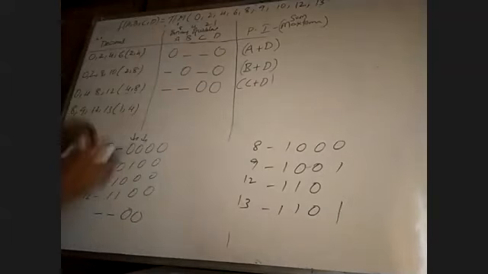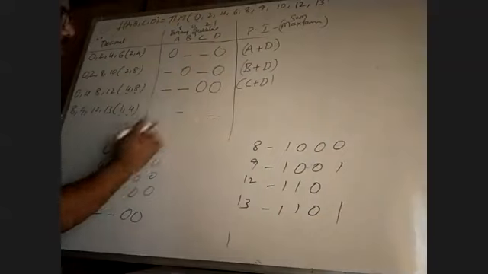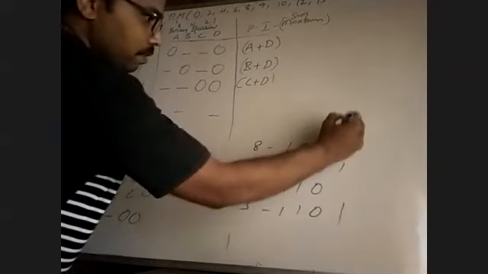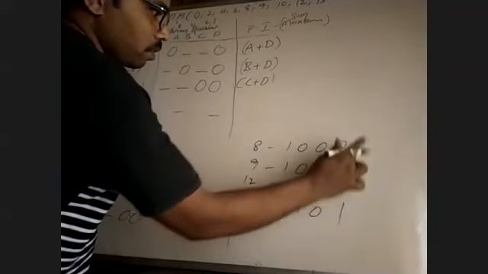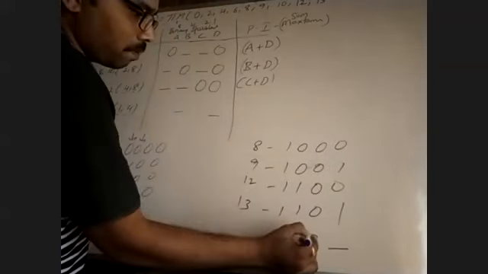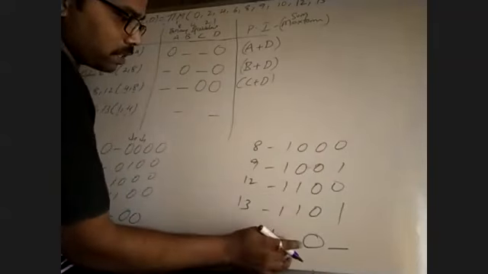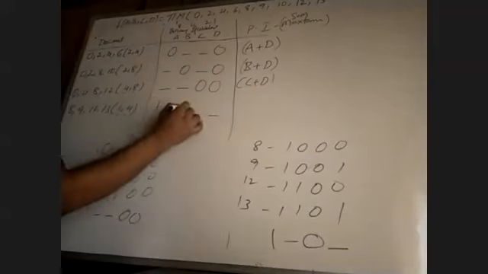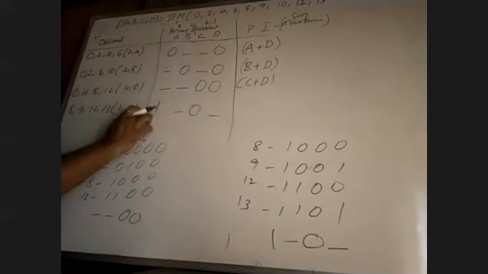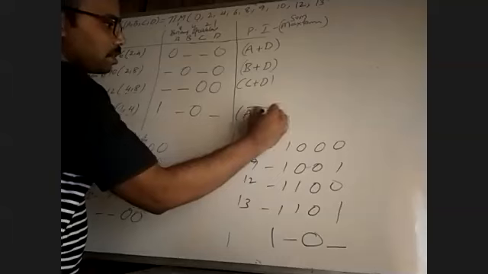Position numbers 1 and 4: the first position is dash and the fourth position is dash. The first position is varying, 1 1 0 0, and this is varying. This is dash 0 dash. A is 0, so we have to write A bar, and C is 0, so C.